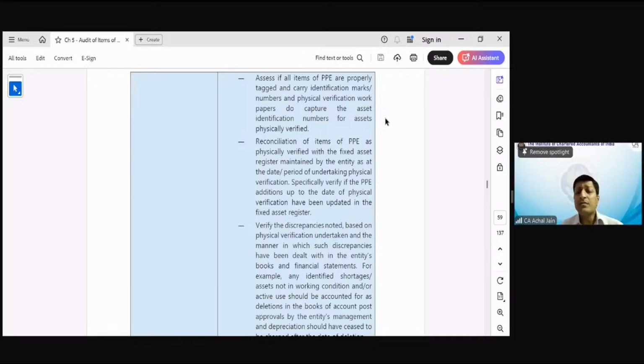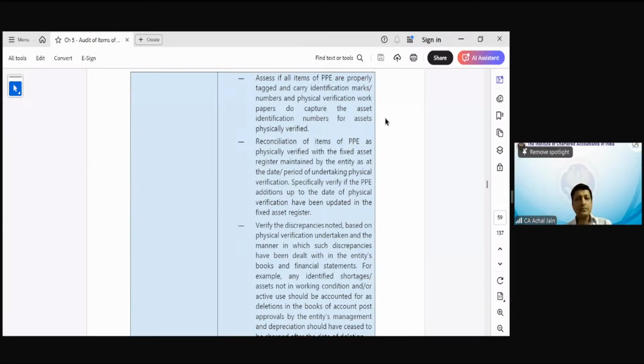Then you'll have to reconcile that first of all, and this is something which the management is supposed to do. So the physical verification report needs to be mapped with the books of accounts. Once that is mapped, any differences need to be reconciled, and the reasons for those differences need to be looked at. If the reasons are good, there's no problem. If they require some adjustments, adjustments will have to be made in the books of accounts.